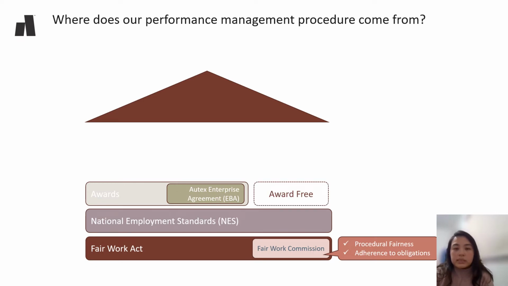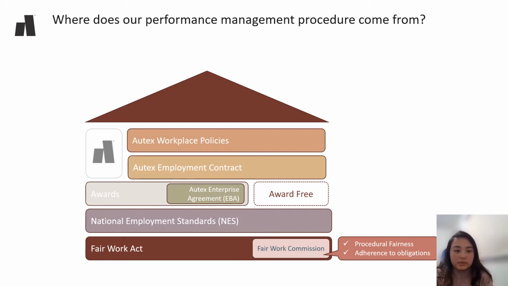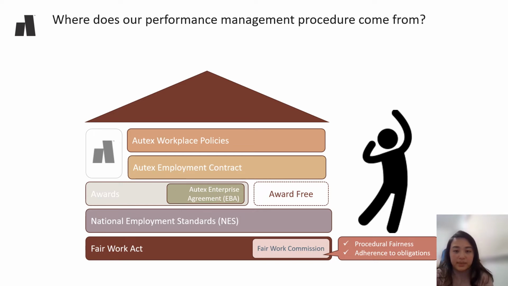There are some employees that are award free, but they do have the National Employment Standards as a base protecting them as well. And then we have the Alltex employment contract for each individual employee, and then we have the workplace policy, and therefore there is a happy employee over there.